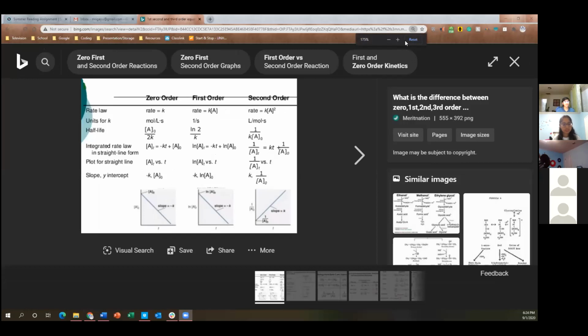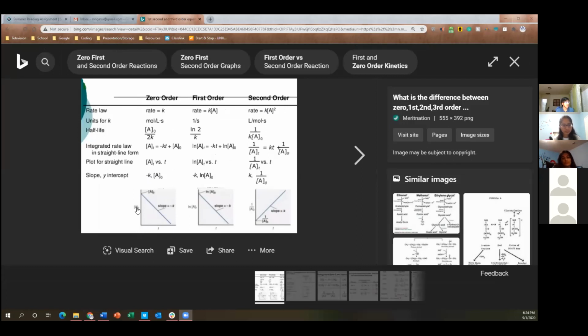What I remember is there are different orders of reactions: first order, second order, and third order reactions. So if your rate equals some constant, versus rate equals some constant times the concentration, versus rate equals some constant times the concentration to the second power. Do you see how those are different? I didn't realize we were actually linearizing it, but we used to plot it differently.